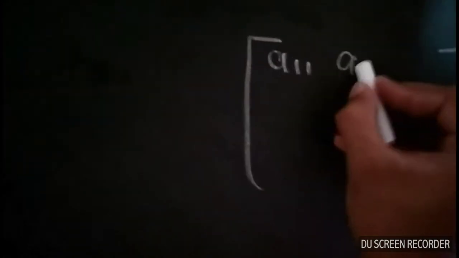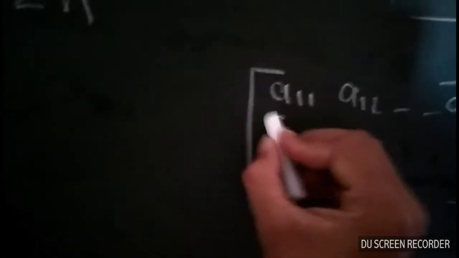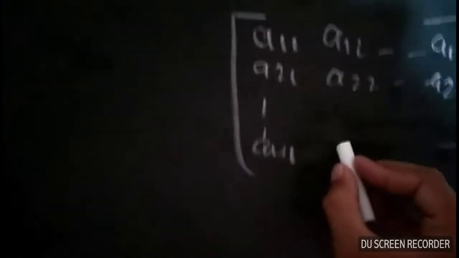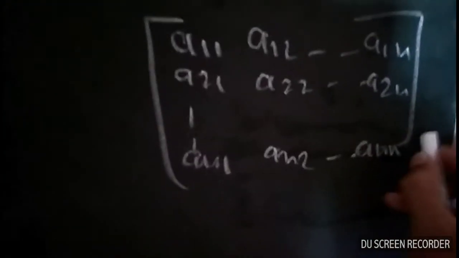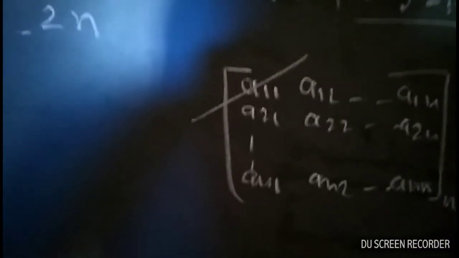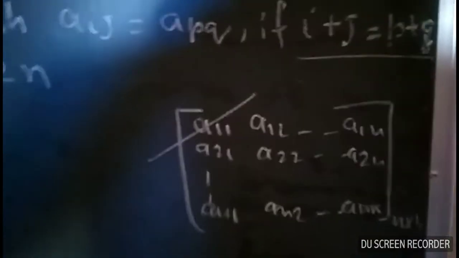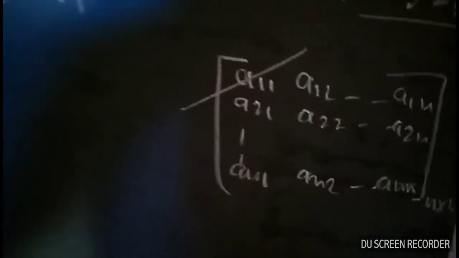That is, we see the matrix: A11, A12, A1n, A21, A22, A2n, and so on, An1, An2, Ann. In this n cross n square matrix, the number of different elements in each particular diagonal in which i plus j equals p plus q is 1. That is, each particular sum can have one distinct entry.